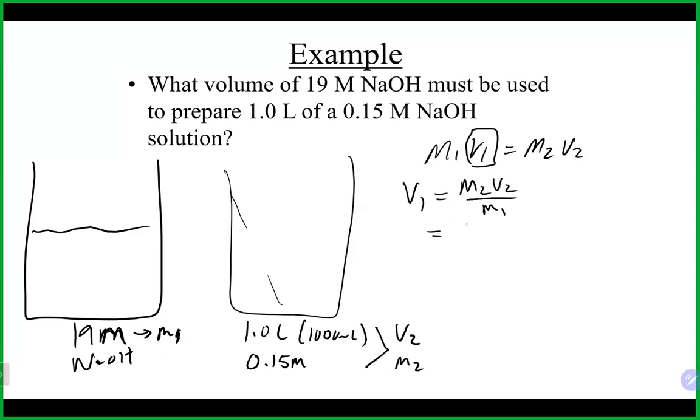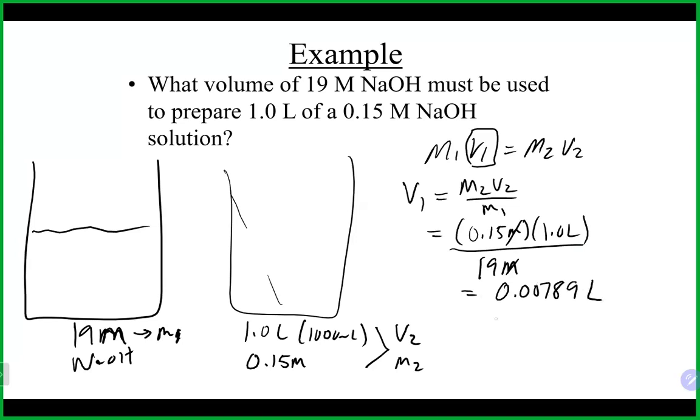Putting in our numbers, we will get 0.15 molar times 1 liter divided by 19 molar. Molarity will cancel. And in this case, what we will end up with here is 0.00789 liters, or approximately 7.89 milliliters of sodium hydroxide.